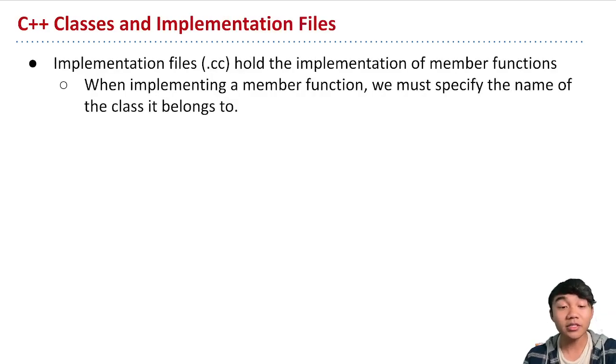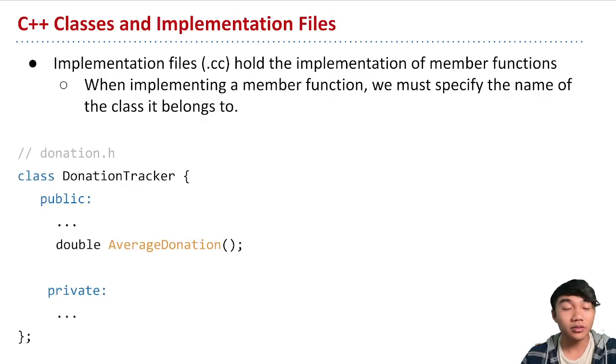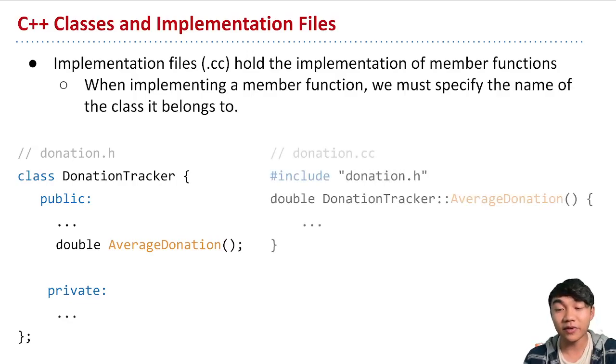So for member functions that we declare in the header, we'll implement them in the .cc implementation file. And when we implement that function, we need to specify the name of the class that that function belongs to. So if we have the DonationTracker class in the header file here, and we declare this AverageDonation function, then in the .cc file, we'll put the AverageDonation implementation inside.